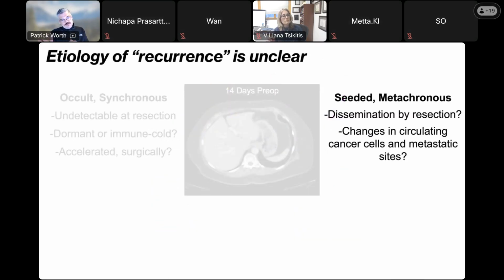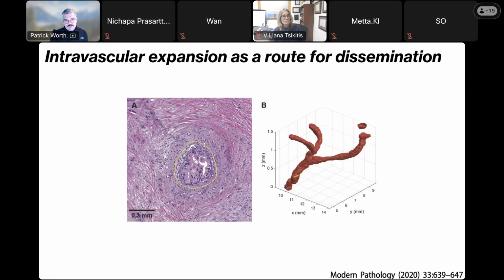If we move then from this idea that these potentially could be occult synchronous lesions to a more seeded metachronous hypothesis, I think there's also good evidence for this being a source of these metastases as well.